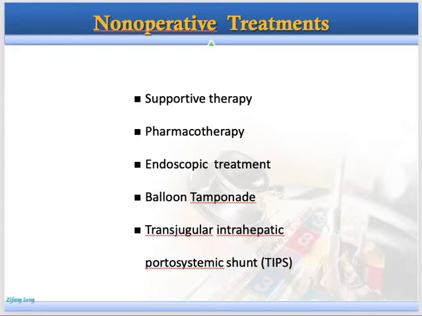So what we do, by the way, to prevent variceal bleed, first of all, we will ask the patient to stop using alcohol, stop using the drugs which can increase the chances of bleeding, like don't take NSAIDs, don't take aspirin, and we give them propranolol or nadolol, or beta blockers, you can say.